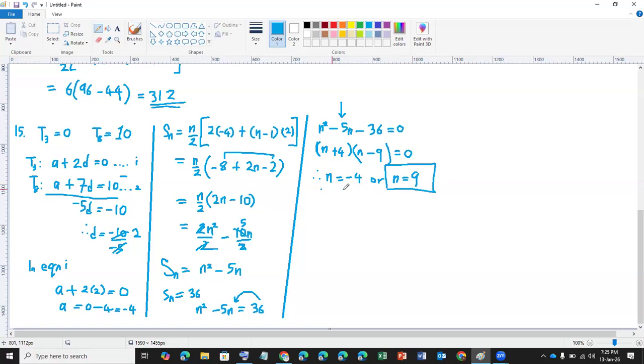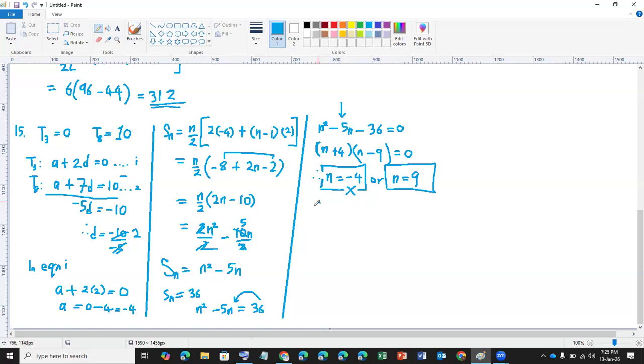We don't ever have a negative position. It's like saying first, second and third, and then trying to say minus first, minus second. It doesn't work that way because n is always a position thing. So this one cannot be considered. So yes, n is equal to 9.